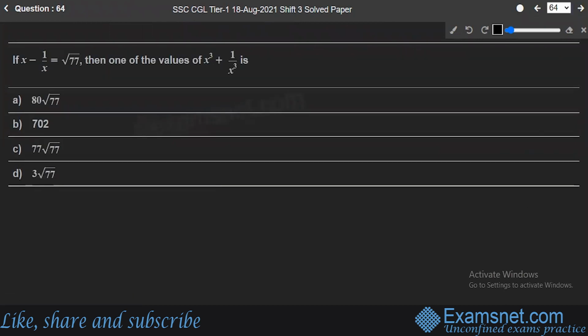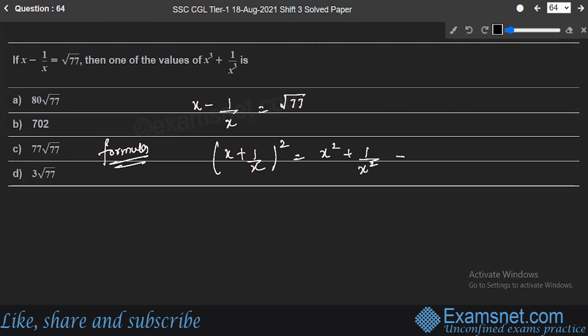So this question is x minus 1 upon x is equal to root 77. Then one of the values of x cube plus 1 upon x cube is which of these? So let's write down. You are given x minus 1 upon x is equal to root 77. What formula will we use here? (x plus 1 upon x) whole square is equal to x square plus 1 upon x square plus 2, right? Because x and 1 upon x get cancelled out. So let's move with the solution.